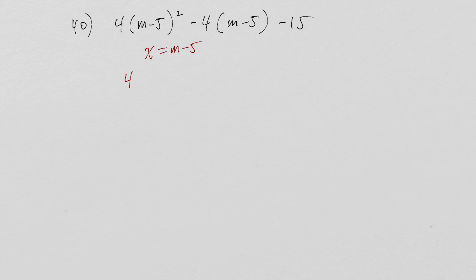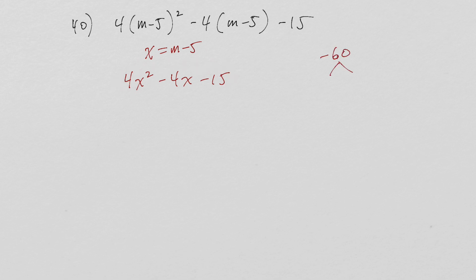Number 40 is 4 times m minus 5 squared minus 4 times m minus 5 minus 15. Okay, let's let x equal m minus 5. And so what we now have is 4x squared minus 4x minus 15. Now, if you multiply these together, we're going to get negative 60.